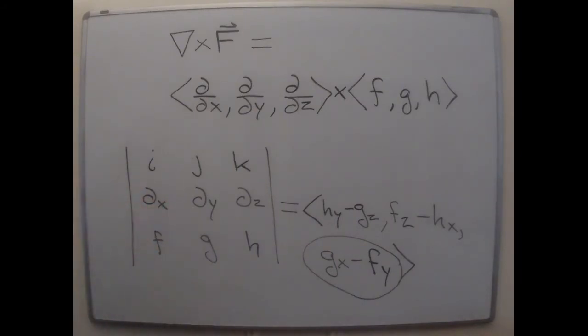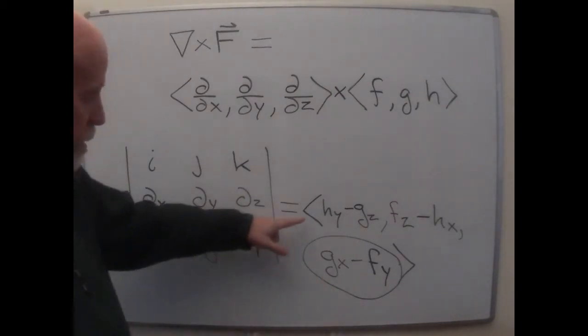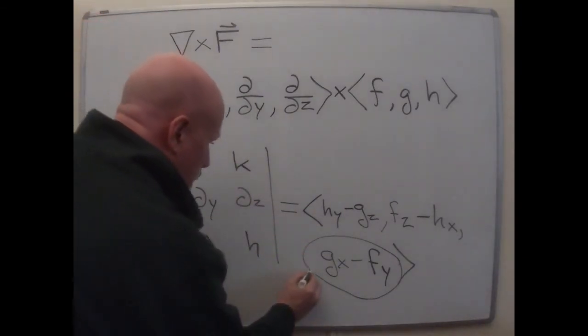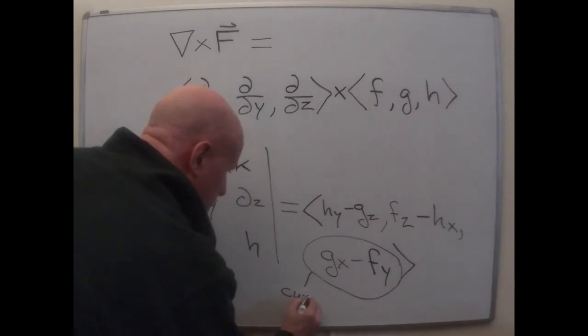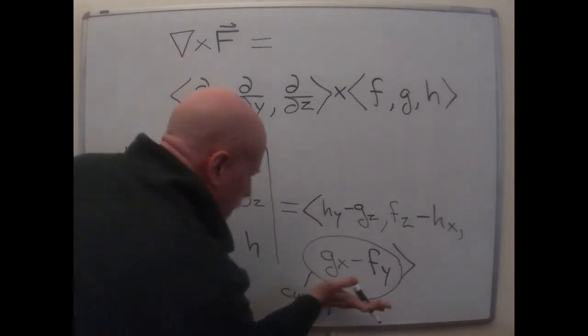So that is actually where the two things that we were integrating in Green's theorem come from. One is one of the components of this cross product calculation. This has actually got a name. This is called the curl of F.